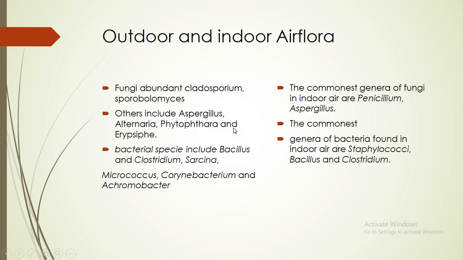The fungi found in outdoor flora mainly consist of Cladosporium, Sporobolomyces, and the other genera included are Aspergillus, Alternaria, Phytophthora, and Erysiphe. The bacterial species included in this outdoor flora are Bacillus, Clostridium, Sarcina, Micrococcus, Corynebacterium, and Achromobacter.